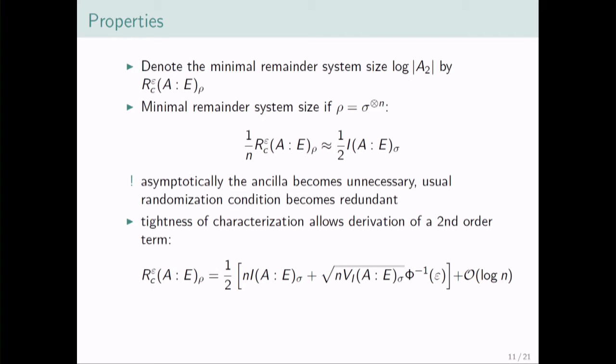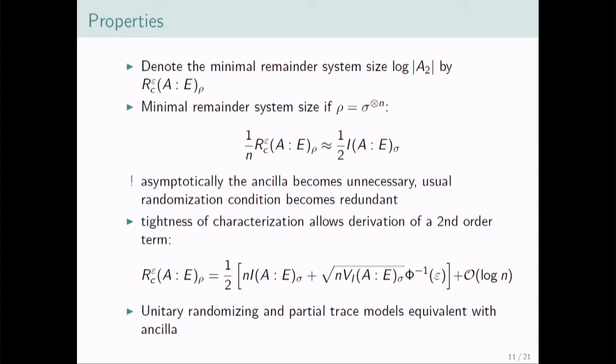And because we get a quite tight characterization of this task, we can also give a second order term in the asymptotic expansion in terms of this mutual information variance and the usual inverse cumulative normal distribution. And as promised, in this case with ancilla, this random unitary channel model and the partial trace model are completely equivalent.